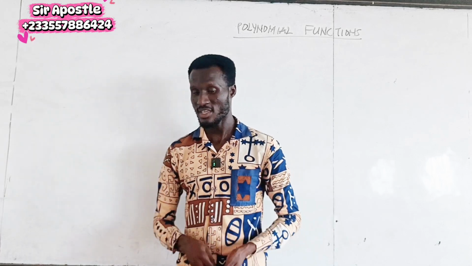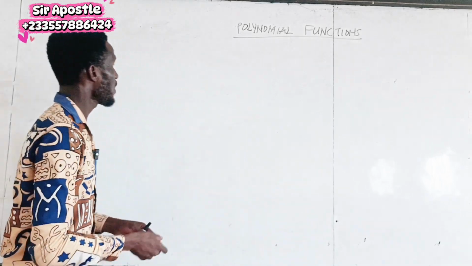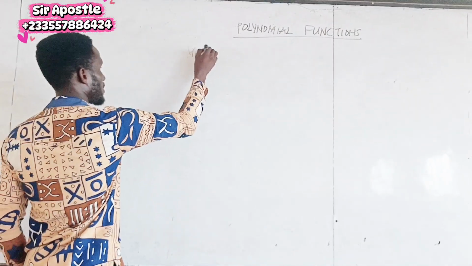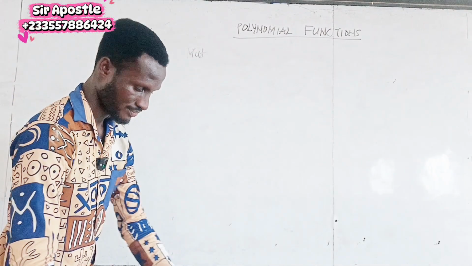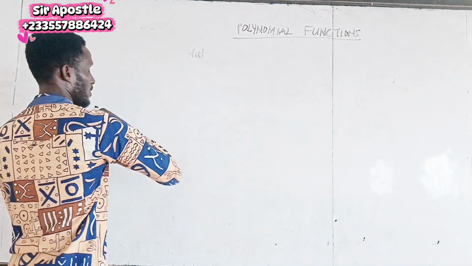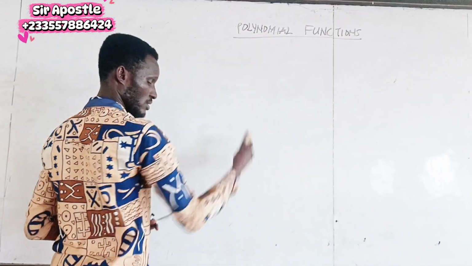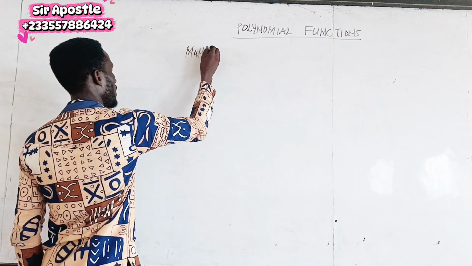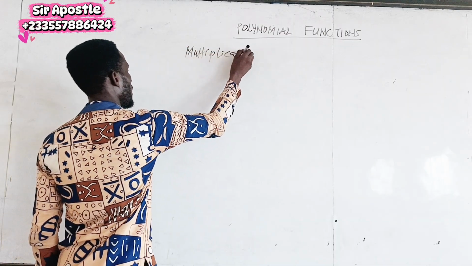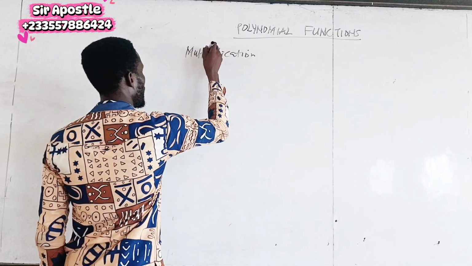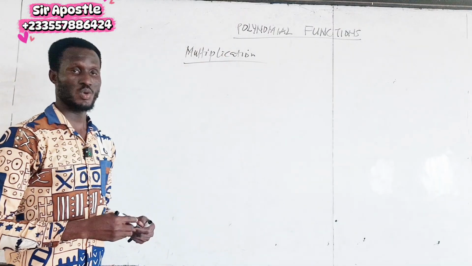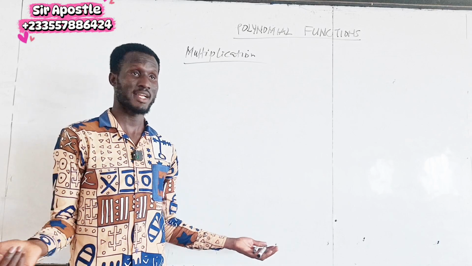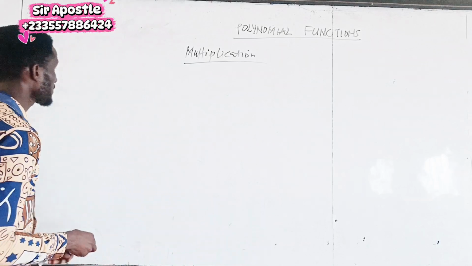Now, multiplication of polynomial functions. You see multiplication is so simple. When they give you the function, you just have to follow the rule, then you multiply. There's nothing difficult. So let's see something small.